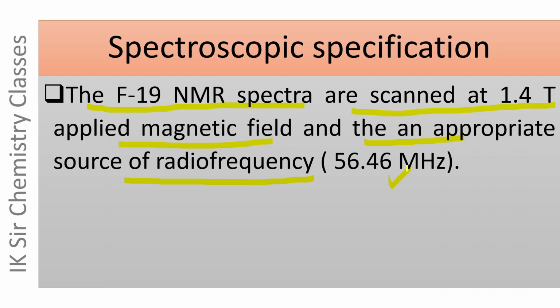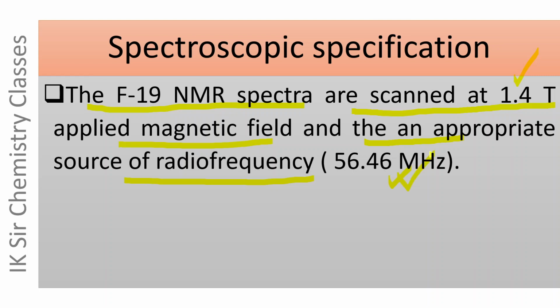It means during scanning F-19 NMR spectra, the applied magnetic field is kept about 1.4 Tesla and the radio frequency of 5.646 megahertz is used.